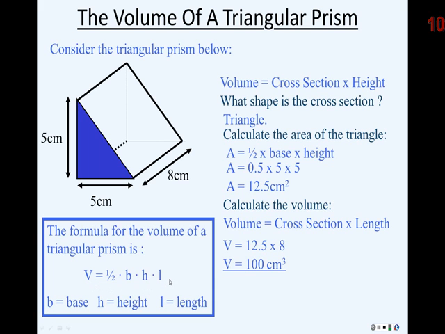I can take base times height times length and divide it by 2. Just divide all of that by 2 at the end, and I get the same answer. So whichever way you want to do it is fine with me. The answers will always end up being cubic units, whatever the units are. It could be cubic feet, cubic inches, cubic centimeters, like in this example, okay?